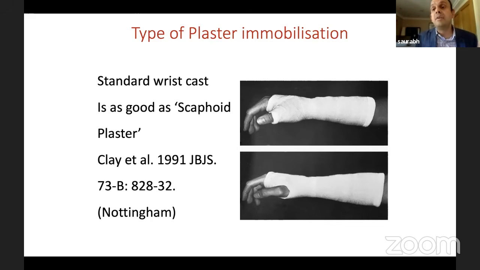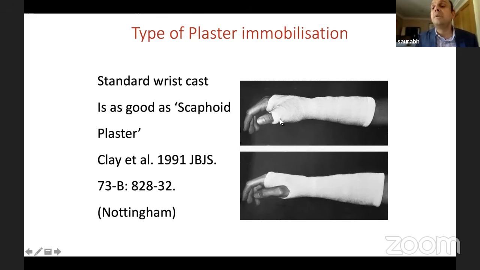Now, with thumb movements, they've done studies and found out that when patient is moving thumb, i.e. patient is in a Colles cast, there is some movement at the scaphoid fracture site. It's not enough to stop healing. And that's why there is no need to immobilize thumb.